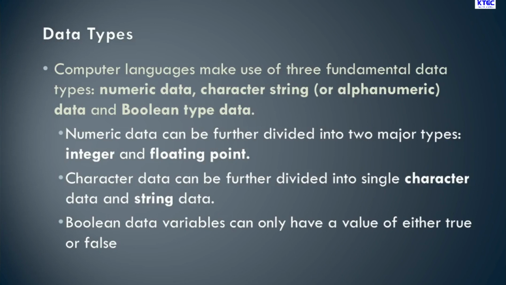Now let's look at Boolean data variables. Boolean data variables can only have either true or false. If you want to set something to true or false, we use this. Normally, when writing games, we use Boolean to terminate our games. For example, if you want to set end of the game or game over, we can set it from the initial state and say game over is equal to false.